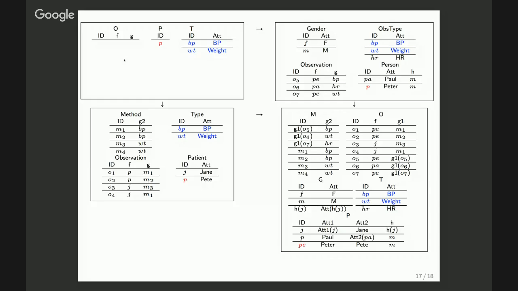So an interesting consequence of this actually is that there is now, because of this, an additional gender. So in the input data on the upper right, we had F and M, male, or excuse me, female and male. And in the integrated data, we have a new gender that is not one of those. That is the gender for Jane.